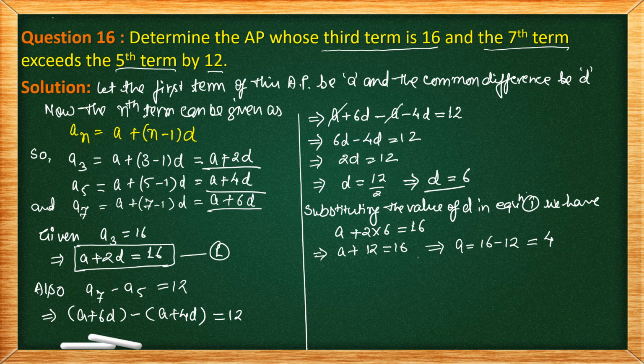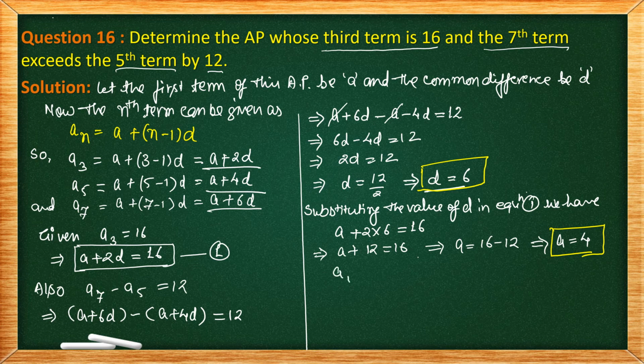Okay, so we have the values of a and d. d is 6 and a is 4. Now using this we can find out the AP.